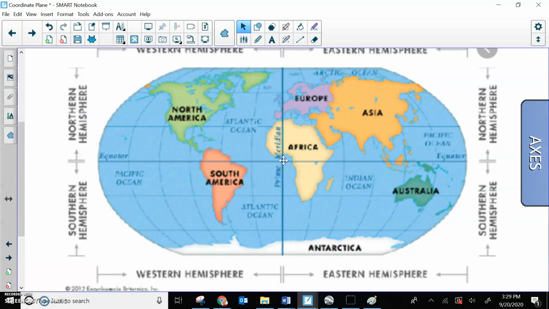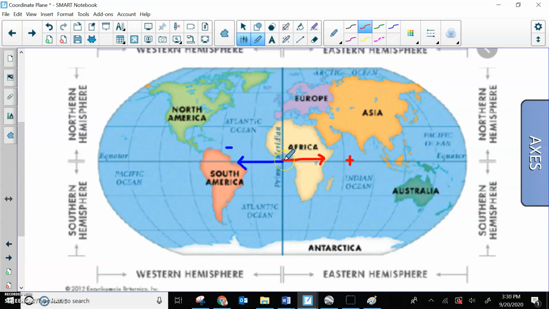In our activity, moving in the eastern direction, in this direction, you're going to consider those positive numbers. And if you are moving in the western direction, we are going to give those degrees negative numbers.